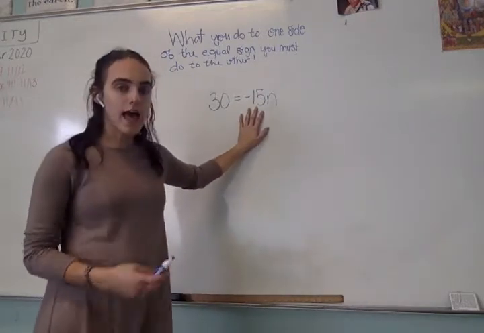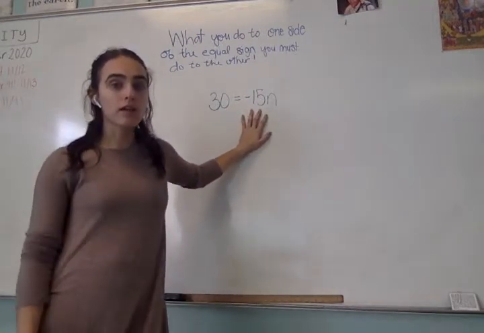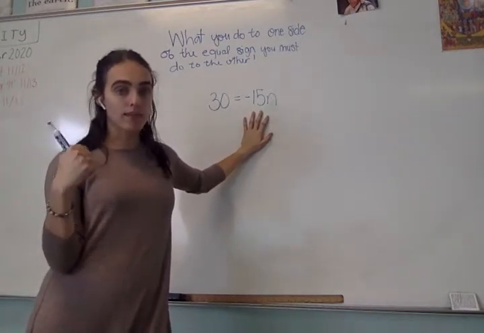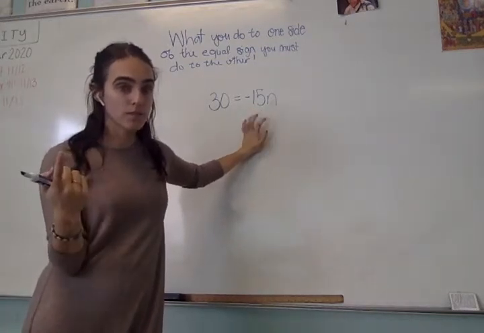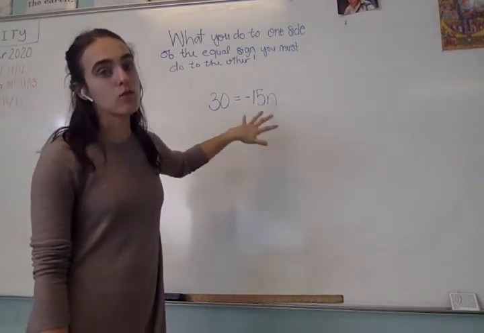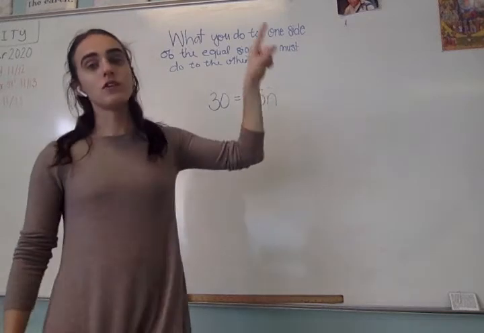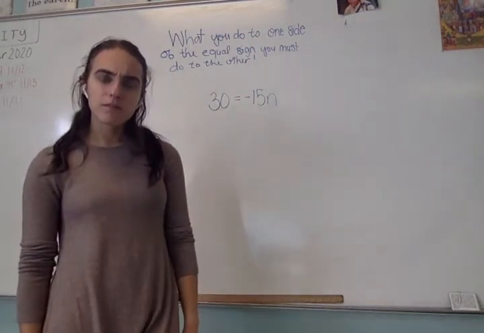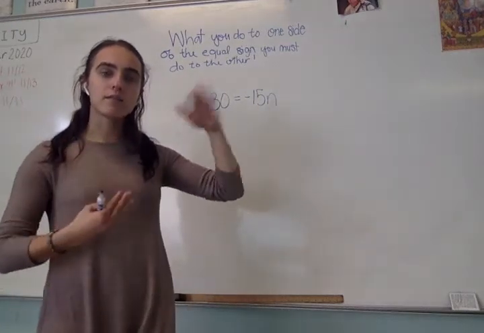So to solve for n, since we're multiplying, remember just like addition and subtraction, when we were adding, we did the opposite, which was subtraction. We need to do the opposite. Since we are multiplying, we need to do the opposite of multiplication. What's the opposite of multiplication? What undoes multiplication?